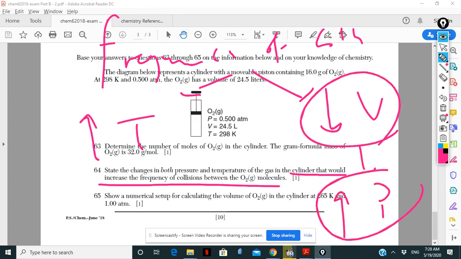So increasing pressure and increasing temperature is going to increase the frequency. Why? Because increasing the temperature, the molecules are going to have higher energy, so they're going to move fast, so it's increasing the probability of collision. At the same time, when I increase the pressure, I decrease the volume, so the atoms are close to each other, so I increase the probability of collision again.